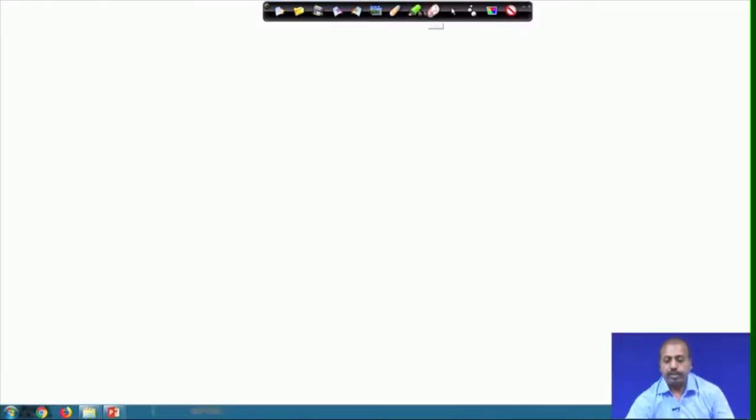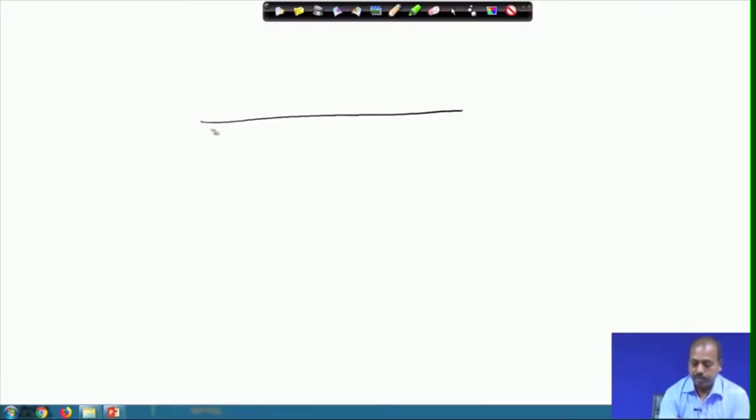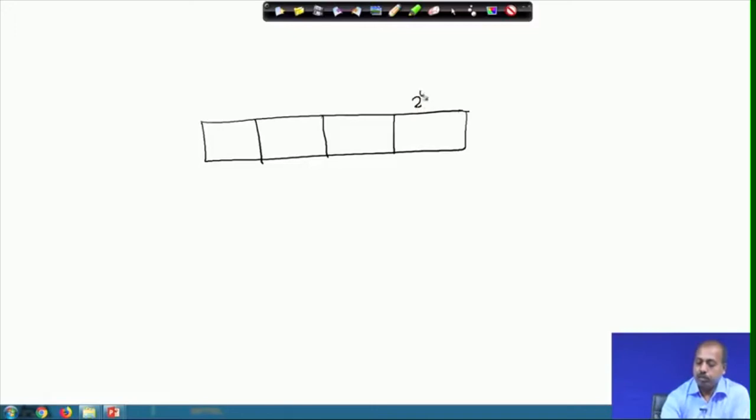Let us say we look at the individual digits of a binary number. Suppose this is a 4-bit binary number. What is the contribution of the first digit? That is 2 to the power 0 equal to 1. The contribution of the next digit is 2 to the power 1, equal to 2.